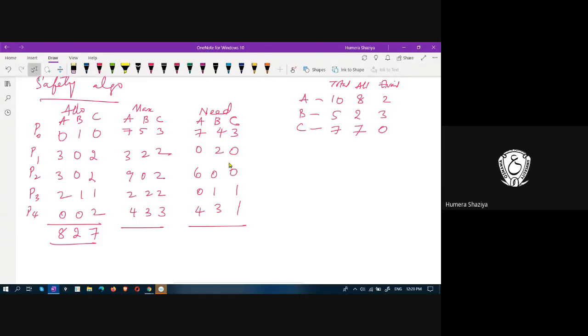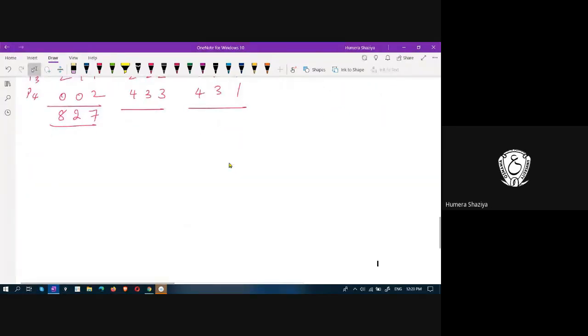After this, we have to perform a step-by-step check, whether with this configuration all the processes would finish without leading to deadlock. So how do you do that? We know that there are some steps in the safety algorithm.